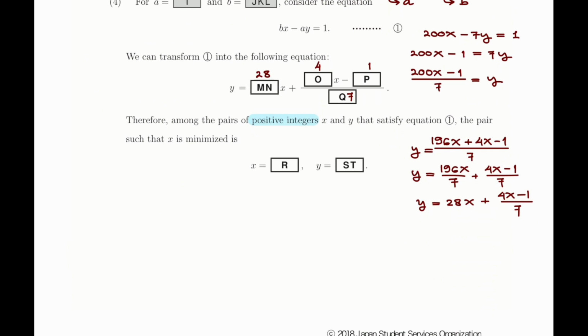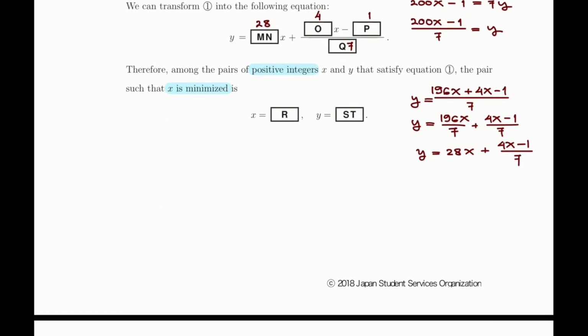So 4x minus 1 must be a multiple of 7, and since x is minimized, 4x minus 1 must equal 7. If I solve this, I get x equals 2. Of course, this is an integer.